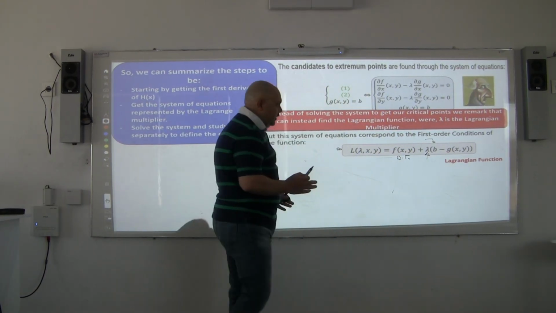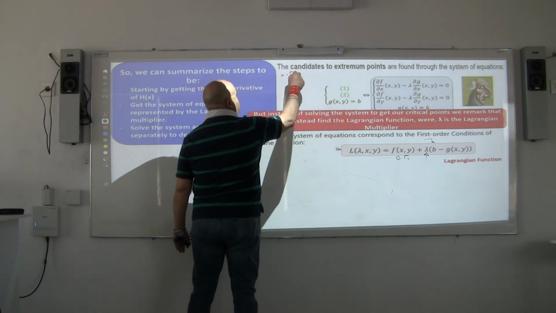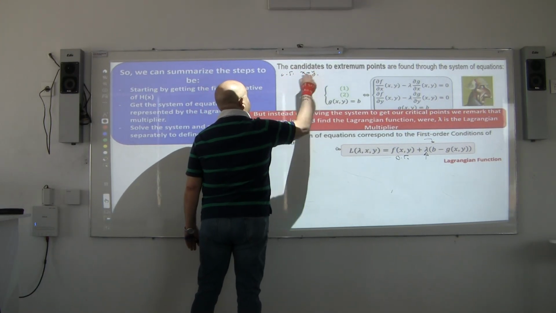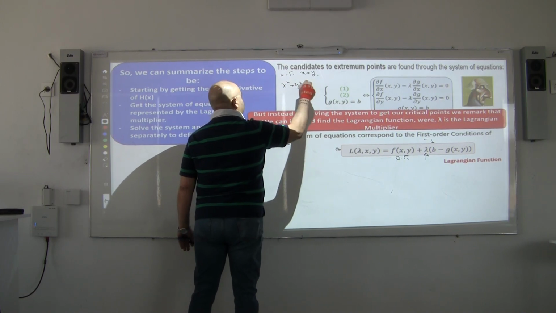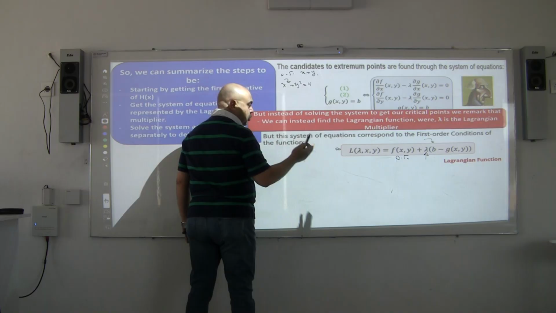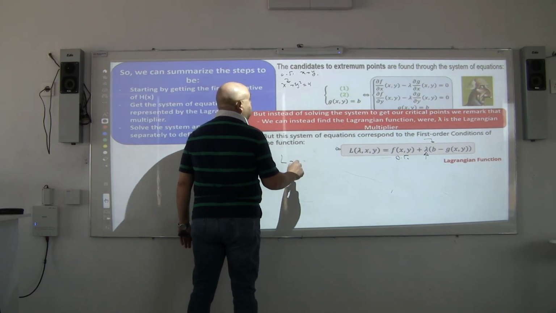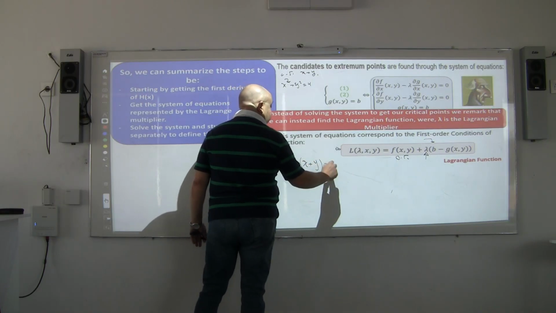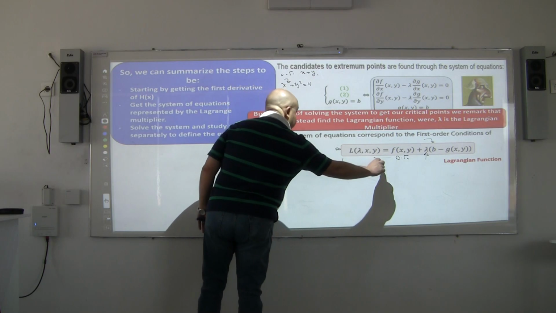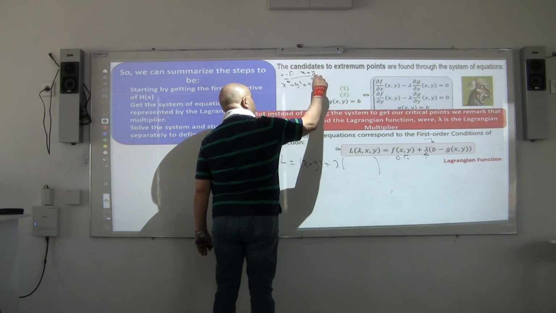So if I have, like the previous problem, for example, the objective function is x plus y, and the constraint is x squared plus y squared equal to 4 or something. So all I have to do, if I want to write the Lagrangian function, L, it's gonna equal to, this is the objective function, plus lambda times, look, move x squared plus y squared into this side.